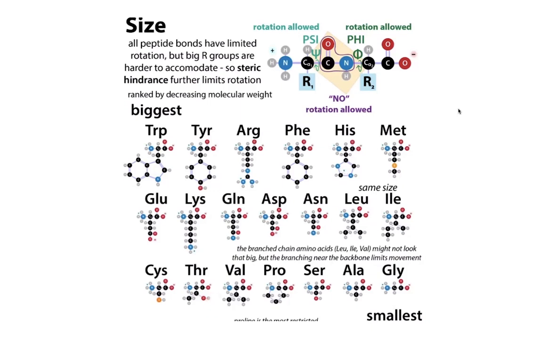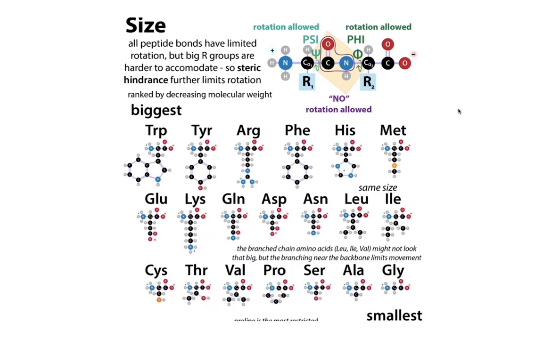But if it's on opposite sides, such as we have in a beta strand, that might be okay. So maybe we'd expect something like a threonine to be in a beta strand. And maybe we'd expect something long and flexible, like a lysine, to be in an alpha helix, because now it can spread its bulk away from the backbone where it doesn't have a chance to interfere with anything around it.